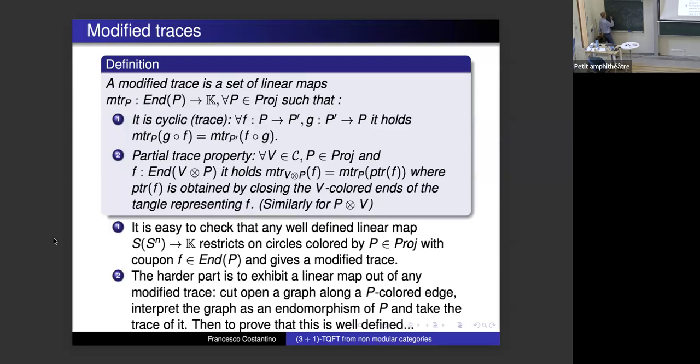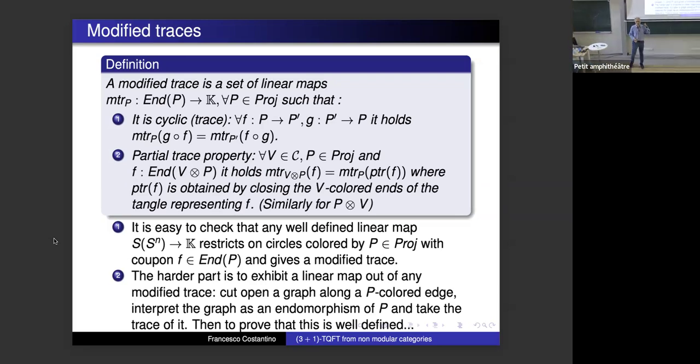But you can do also another thing. You can also decide to partially trace out V and remain with a single endomorphism of P. And you want to ask that this is equal to that. This is the property of left modified trace. You imagine the right modified trace is that V is on the right and you trace on the right. A modified trace has to be left and right.